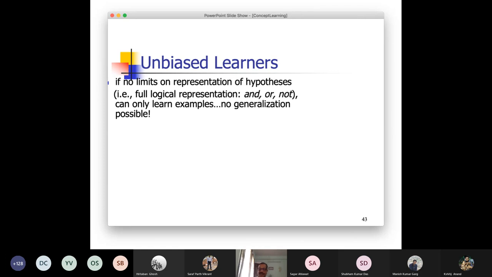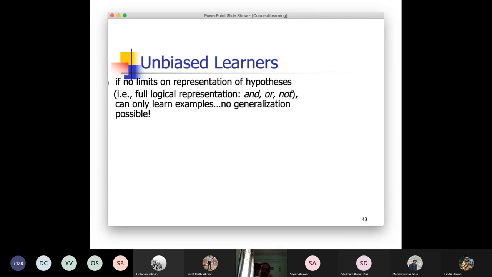Suppose you represent each and every instance in your sample space in a table, considering all of them with their labels. That can also be considered a hypothesis, by using AND logic in the conjunction form, but that is not useful. It's a kind of lookup table, but the size of the lookup table will be huge, and search will also take a lot of time. If you have a very large space, it is not practical.